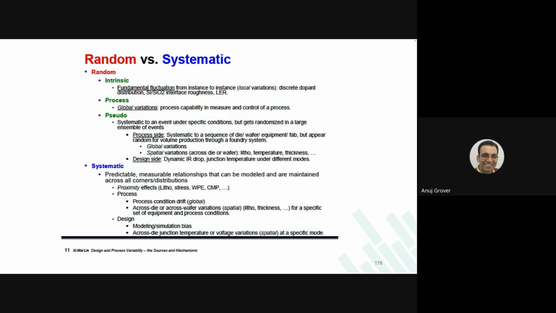But suppose in STA, do you know which event will happen? So you have to margin for it. In a dynamic simulation, you can see the impact. So that is where it is systematic. But when you're doing STA, you still have to plan for the worst case. Are you with me?